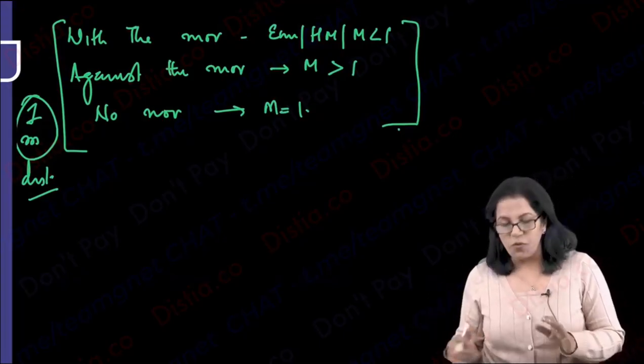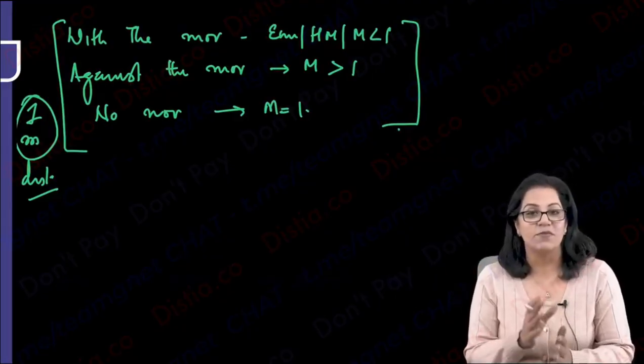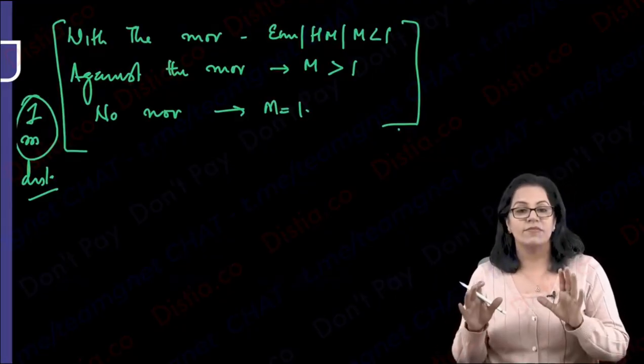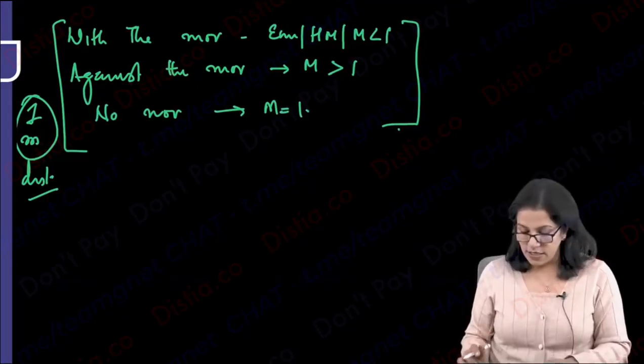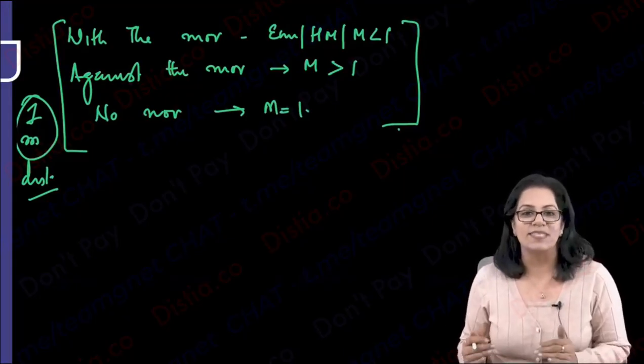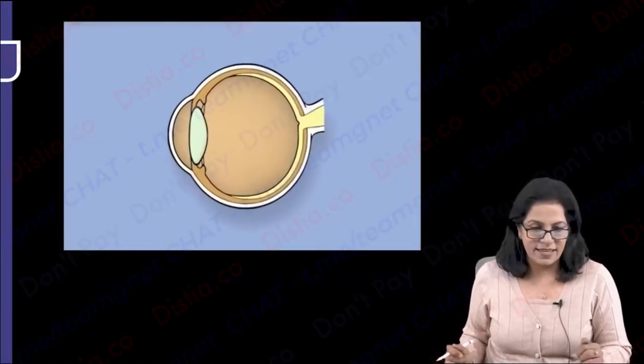Simple? Okay, now what is the point of neutralization? What do we mean by with the movement, against the movement? Confusion? So let's watch this video first. After that, we are going to learn the third step, and that is your spectacle prescription. Okay, so when you watch this video, this is a retinoscope and the light that is falling on the patient's pupil, and this is the examiner who is seeing this light in this way, right?